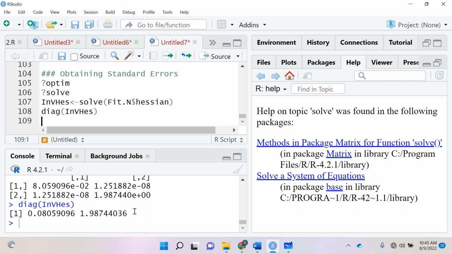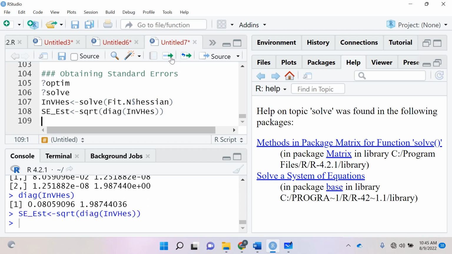You see the diagonal values. Because they are variances, I'm now going to find the square root of it, and then I get my standard error. So my SE of the estimators, I should say, are the square root. Square root is sqrt, and then I have this.